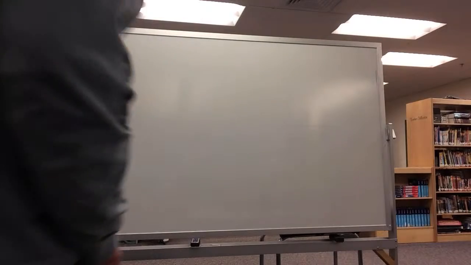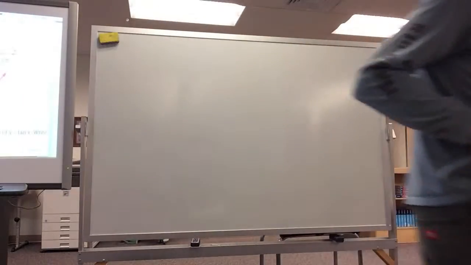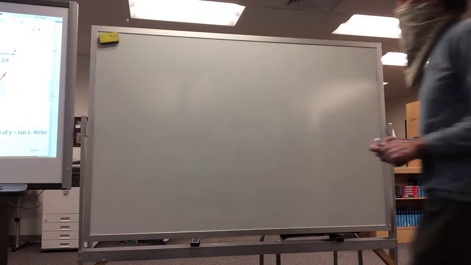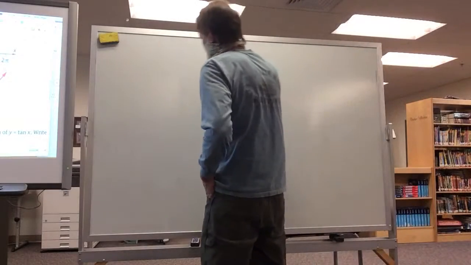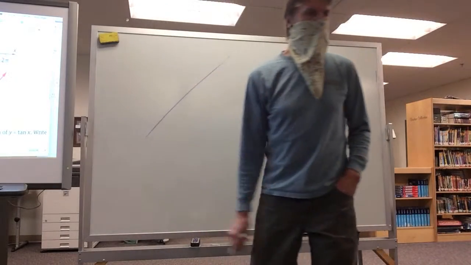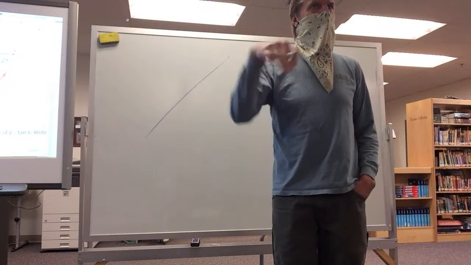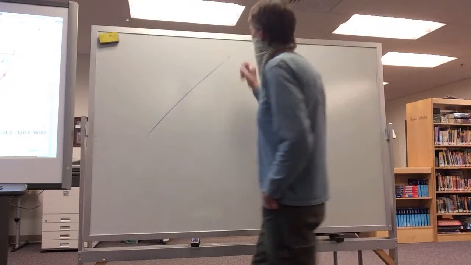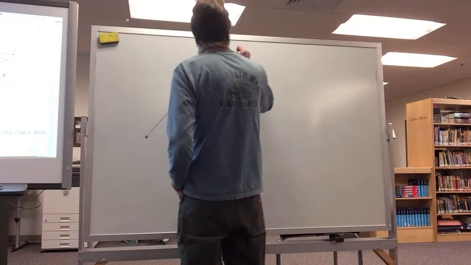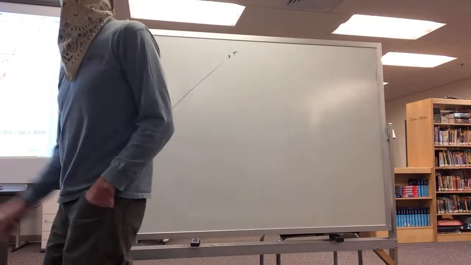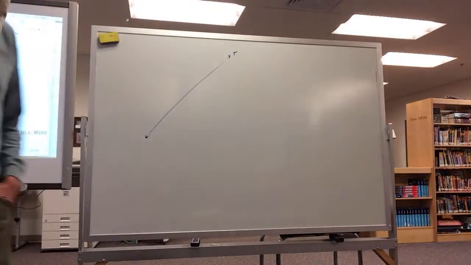But this is one of those things that we slipped past. If we've got a reflection line, we call it R. So we're going to reflect something over the line of reflection.